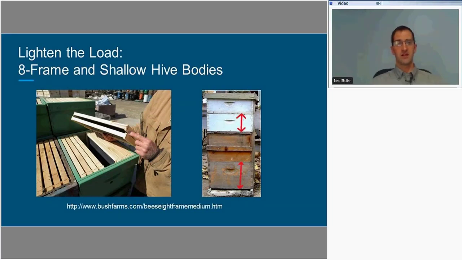And it resulted in a 50% reduction in musculoskeletal injuries just by decreasing it 8 pounds in weight from that repetitive lifting. So this really is a significant improvement for someone who's a beekeeper, just to use lighter weight equipment if at all possible.